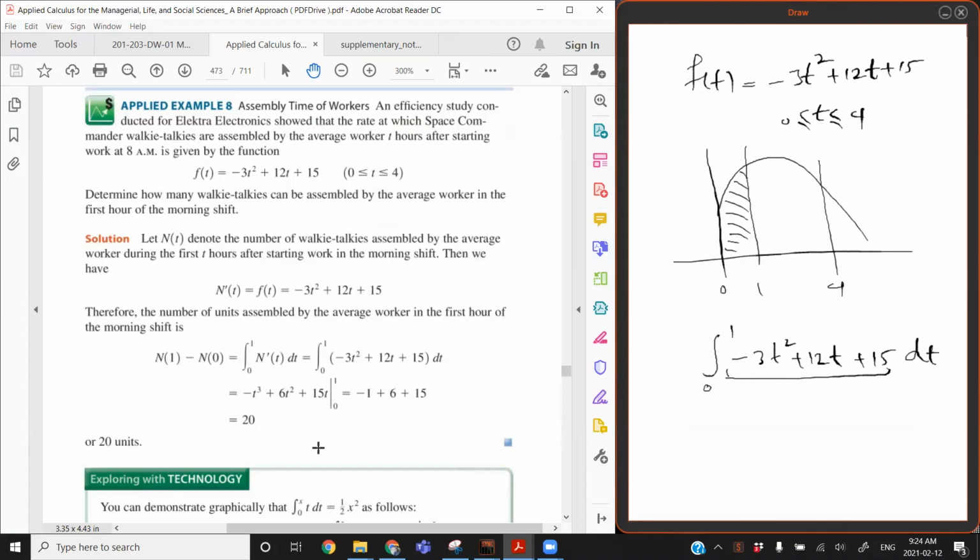And if you want to know how many he or she assembles within the second hour, you will have to calculate the integral from 1 to 2 of the function f of t dt. And this is probably going to be different from 20. Within the third hour, you will have to calculate from 2 to 3 of f of t dt.